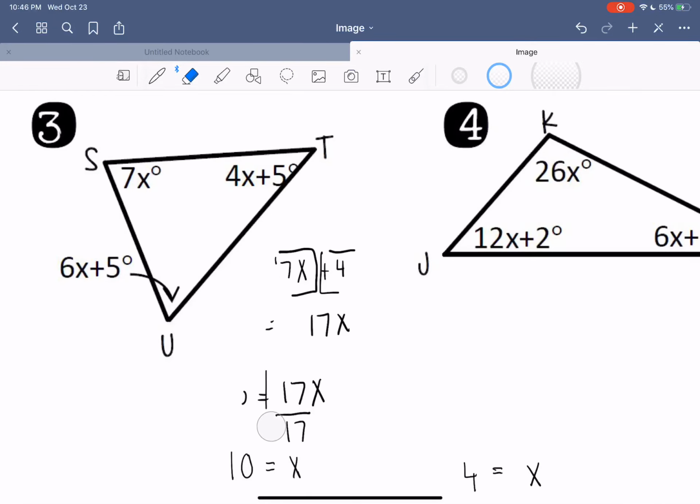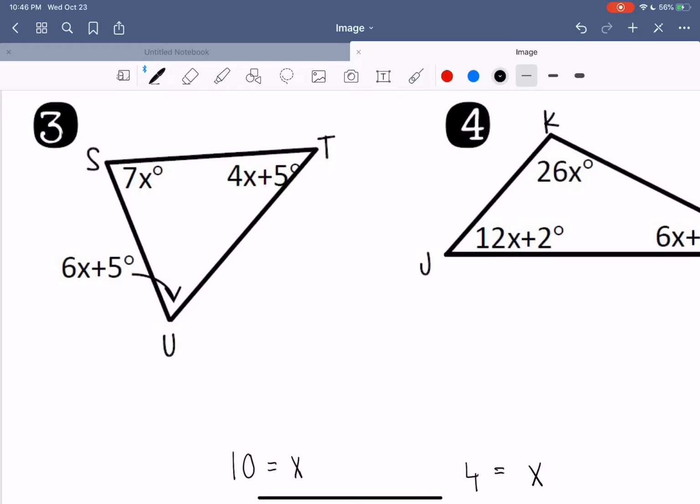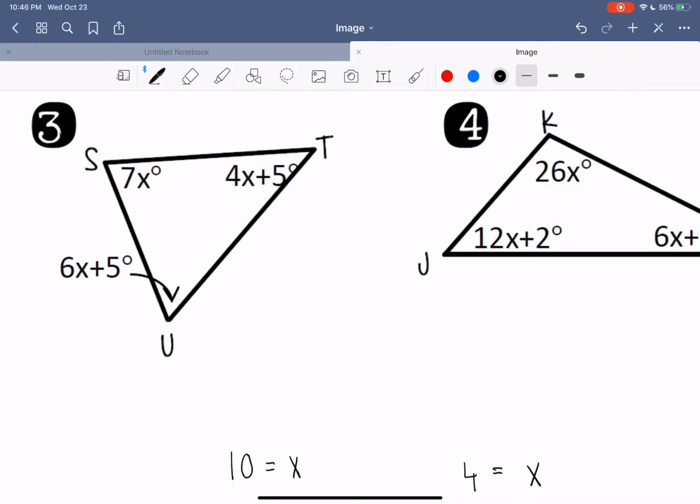So I'm going to leave our answer x equals 10 because they asked us, we need to find not x, but they want to find the measure of the angles. So in order to do that, we can substitute our x's back into our problem. So going back to number 3, you'll have some more space at the bottom of your page.